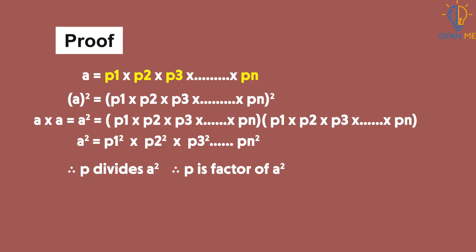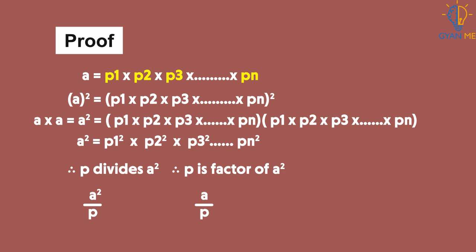This implies that p is amongst p1, p2, p3 and so on. But we also know that p1, p2, p3 are the prime factors of number a according to equation 1. So we can say that p is a factor of a also. Since it is one of p1, p2, p3 and so on, hence p is a factor of a.